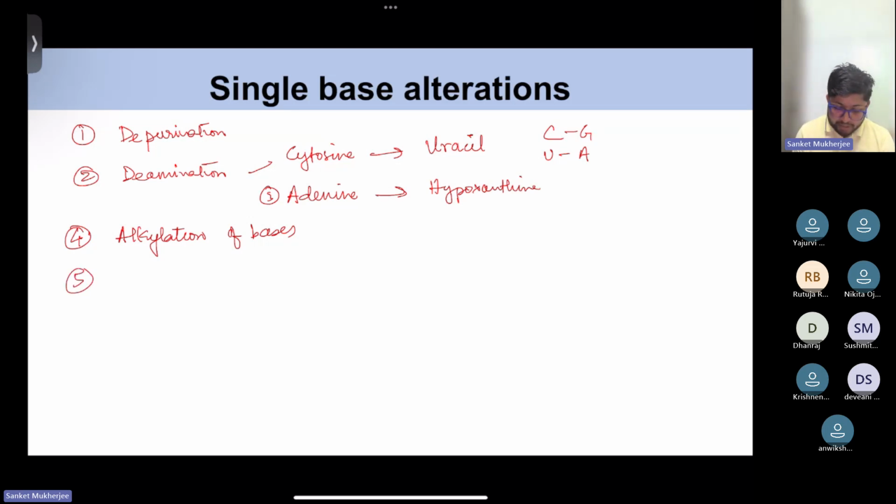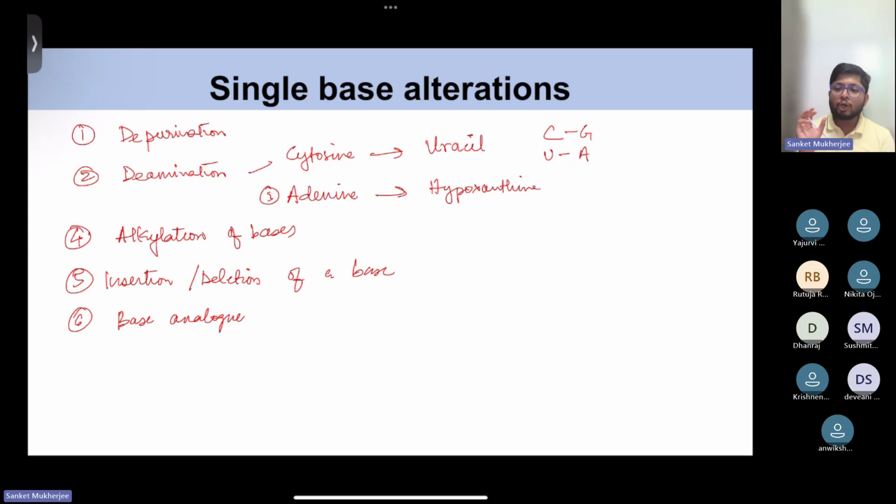There could be insertion or deletion of a base or nucleotide, whatever you want to call it. And then there could be some base analogs which are incorporated, right? Hypoxanthine is an analog.